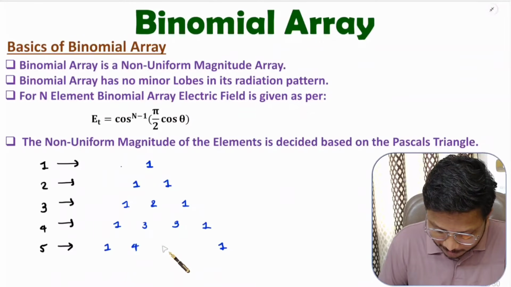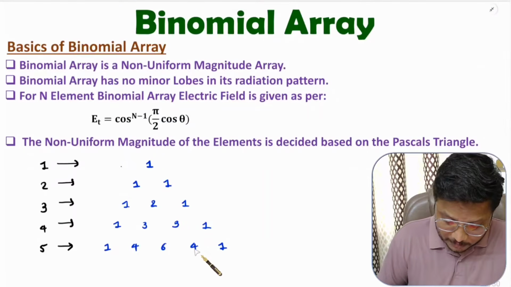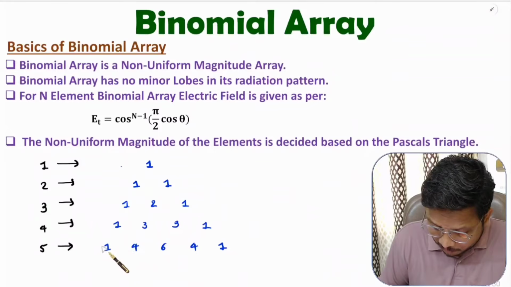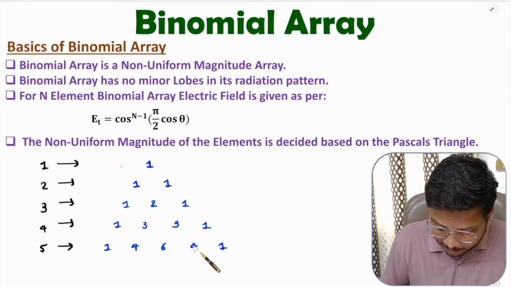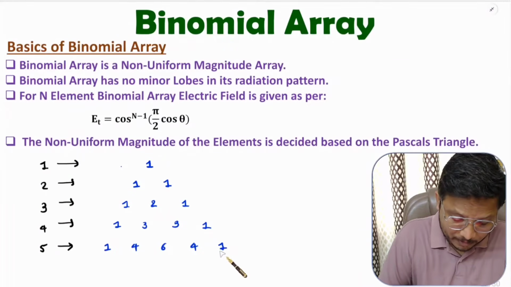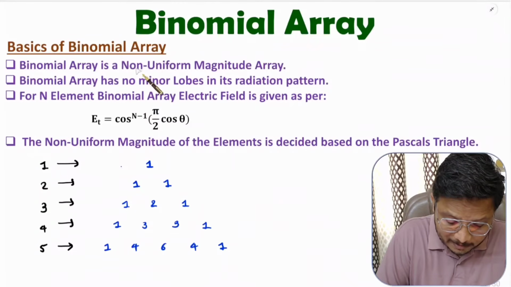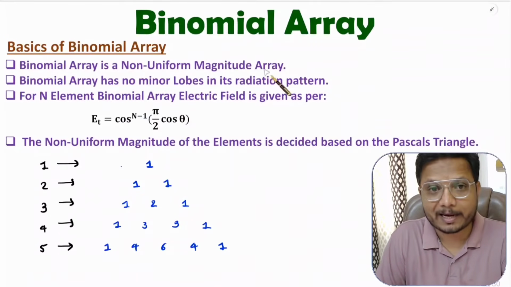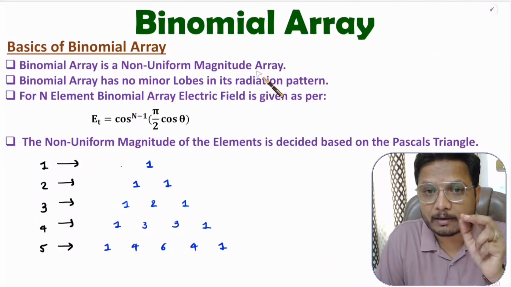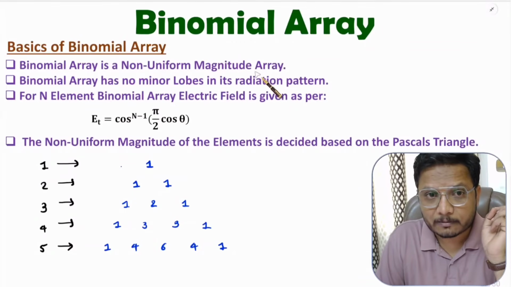This element will be 3 plus 3, 6, and this element will be 3 plus 1, 4. So here, see, the magnitude of current with different elements is different in binomial array. That's why it is a non-uniform magnitude array, right? It is happening as per Pascal's triangle.